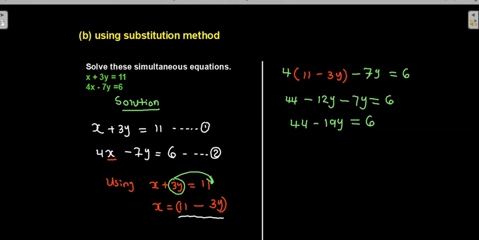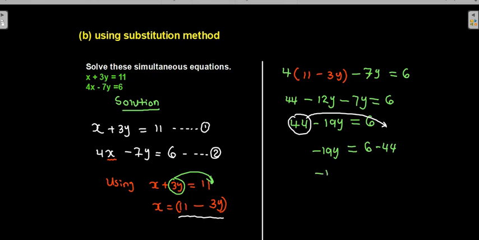Now we need to take 44 to the other side of the equal sign, and we shall remain with minus 19y equals 6 minus 44.